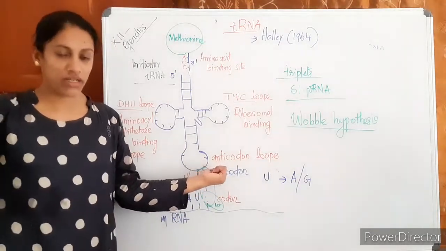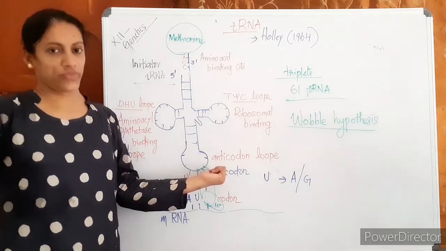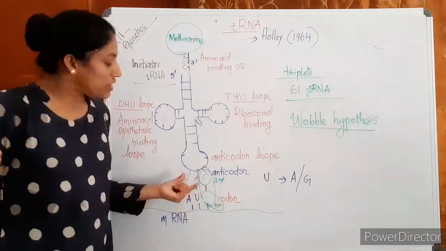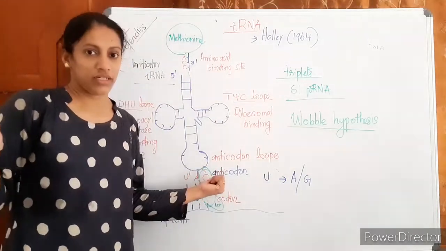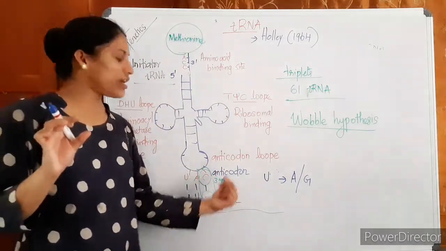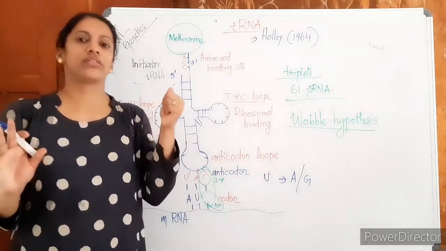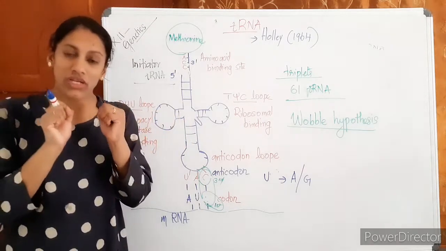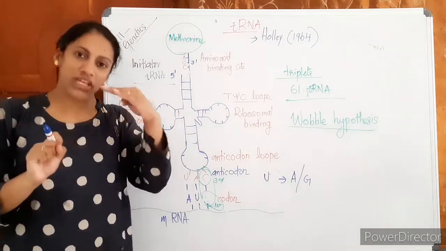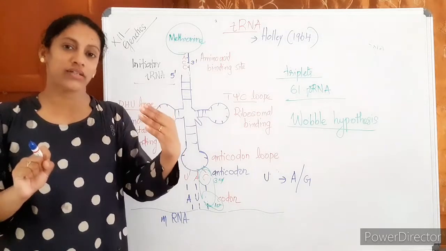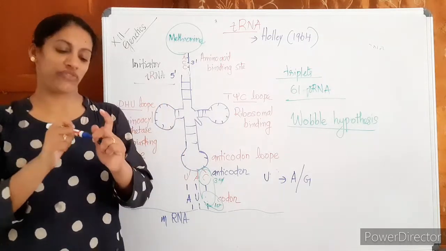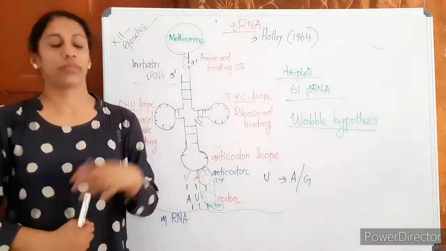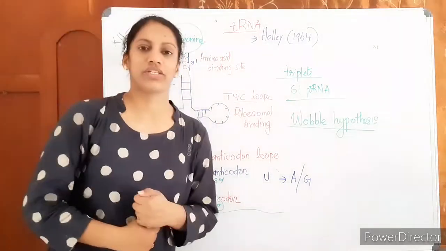Okay, not with everything. There is some leniency. So we can say, according to the Wobble hypothesis, the anticodon and codon pair at this position shows non-complementary base pairing also. It is not strictly complementary. So it is giving some leniency so that fewer than 61 different tRNAs are enough for translation to occur.